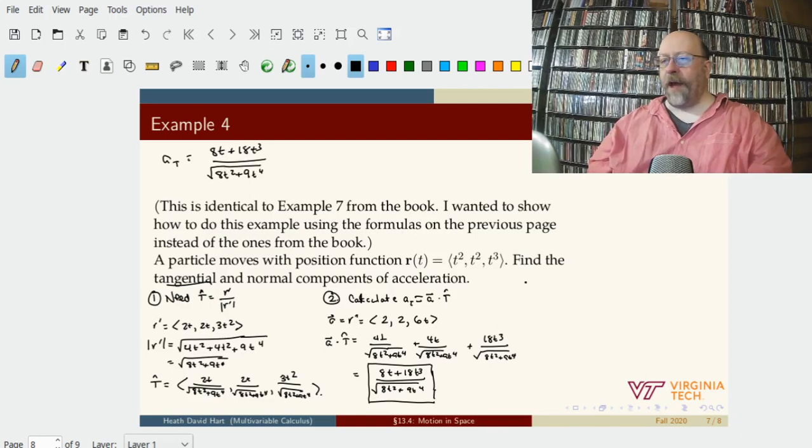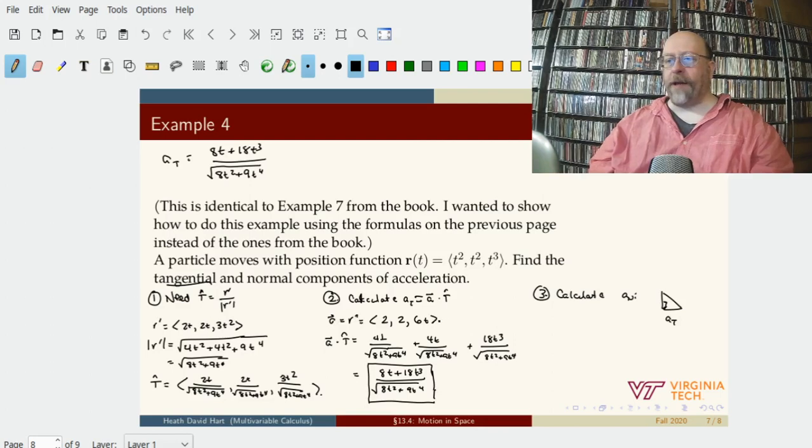So now we have to calculate the normal component of acceleration. And the trick is that we're going to use the Pythagorean theorem. We know that the a_T, we already know that side. And we can figure out what this side is. The magnitude of the acceleration will be the square root of 2 squared plus 2 squared plus 6t squared.